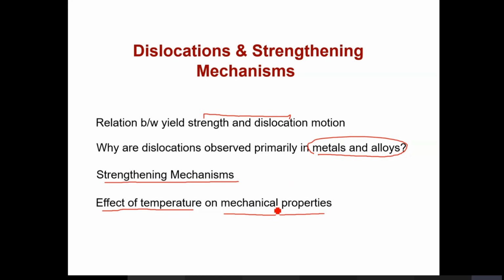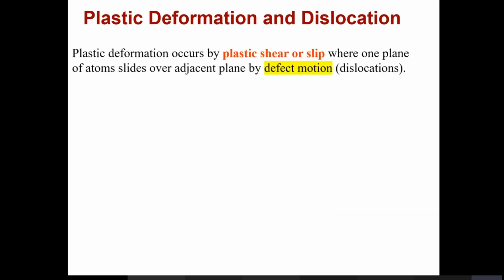So this is basically the outline of this chapter that we'll be looking into, starting with the relationship of plastic deformation and dislocation. It says that plastic deformation occurs by plastic shear or slip, where one plane of atoms slides over adjacent planes by defect motion or dislocations.